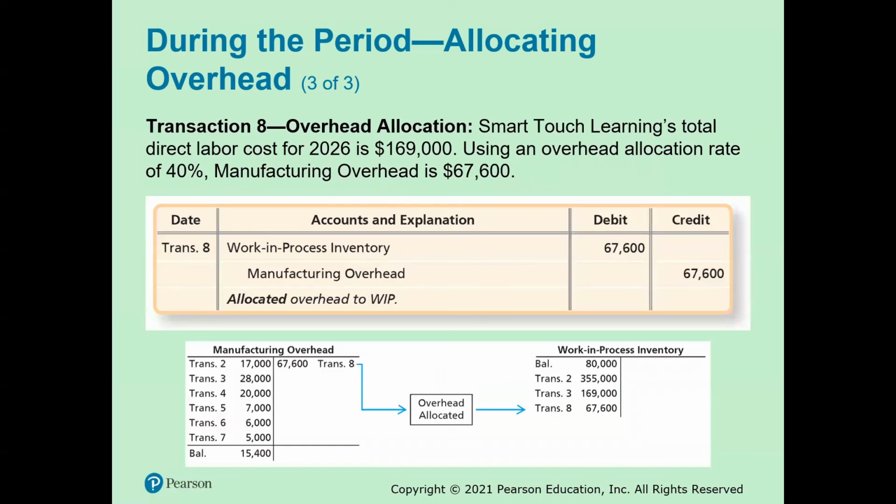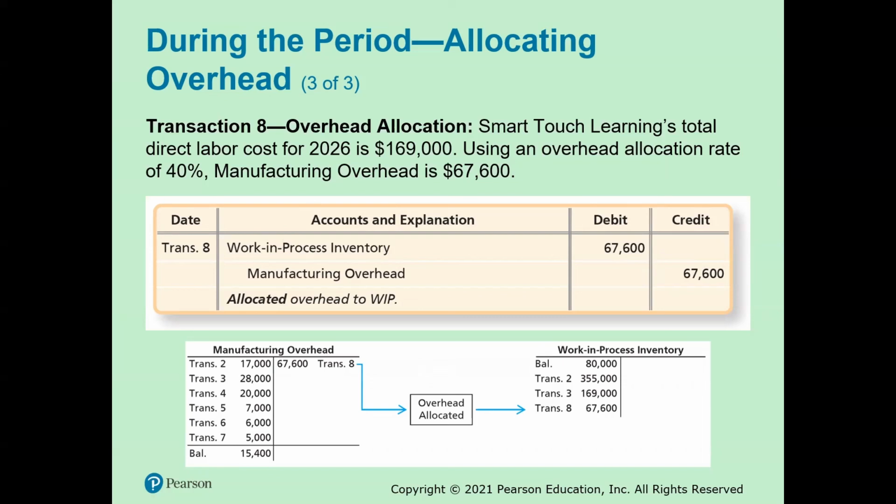Smart Touch Learning's total direct labor cost for 2026 is $169,000. So the total overhead allocated to all jobs is the 40% of the $169,000 direct labor cost, which equates to $67,600.